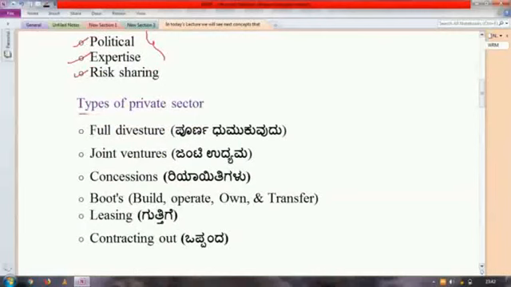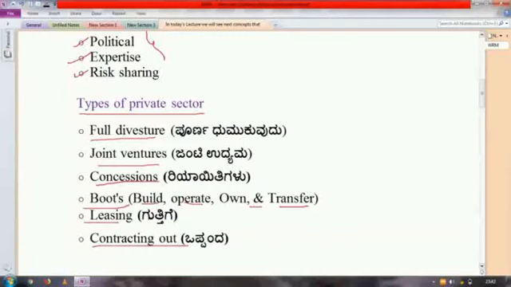Then these are the types of private sectors, that is full divestiture, joint ventures, concessions, BOOT, that is build, operate, own and transfer. Then the next one is leasing. The last one is contracting out.